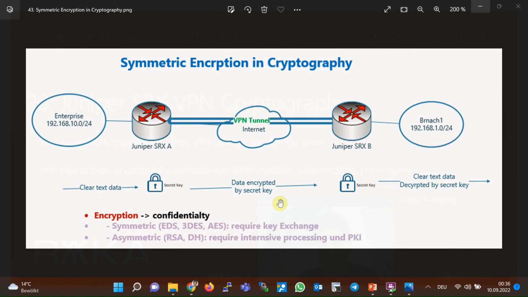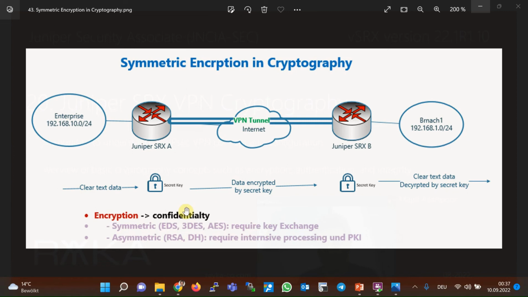We have already explained that with confidentiality, only authorized parties can read the content of the traffic, and this is achieved by encrypting the traffic. We have two types of encryption, symmetric and asymmetric encryption.